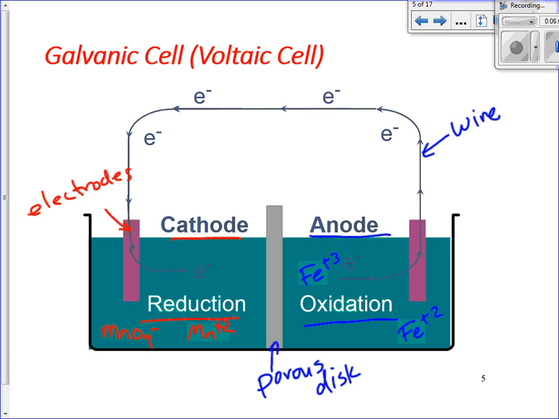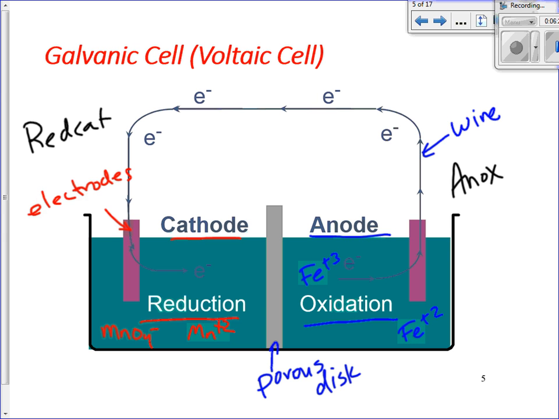The best way to remember which reaction takes place on which side: say this side is red cat, and this side is an ox. Red cat: reduction is the cathode. An ox: oxidation is the anode.